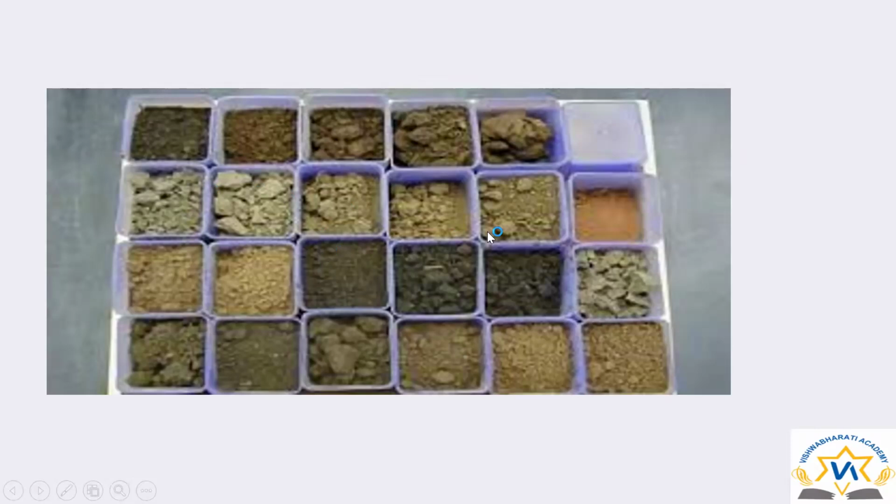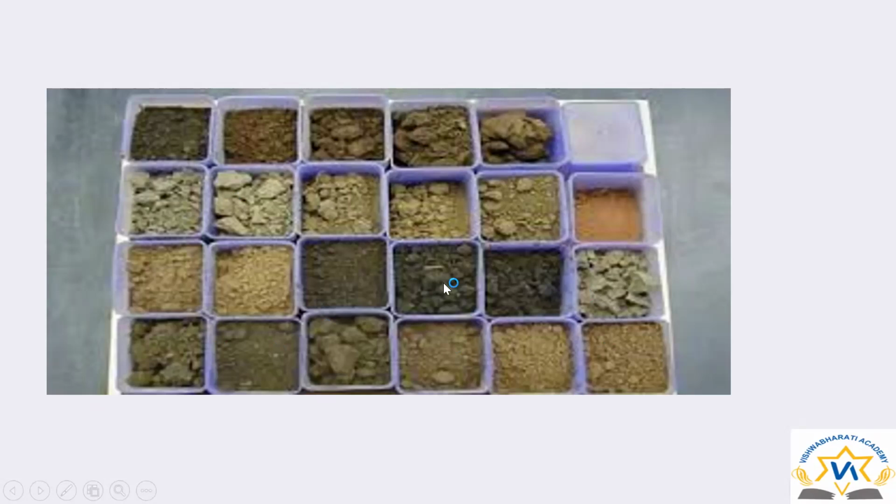But what is particle size classification? The soil is arranged according to grain size. You can see in this picture that a number of grain sizes are available, and with the help of these grain sizes we differentiate the soil into a number of containers.